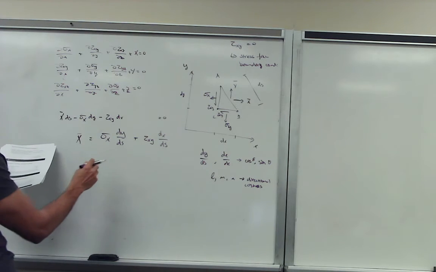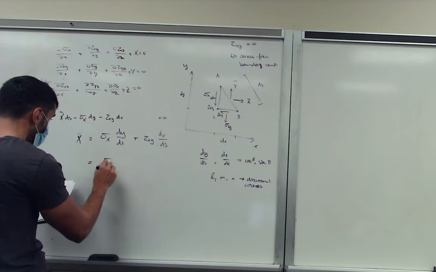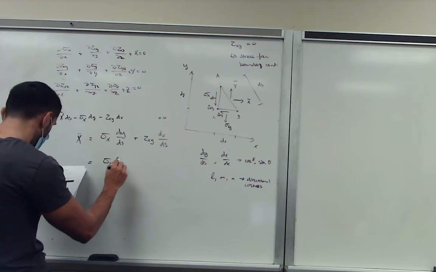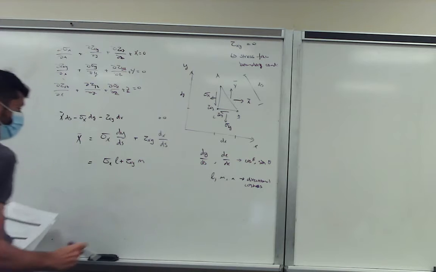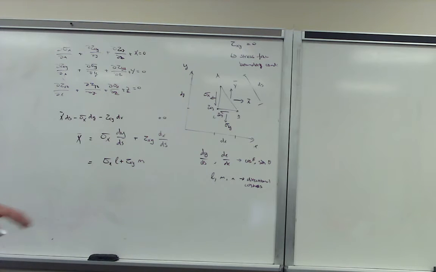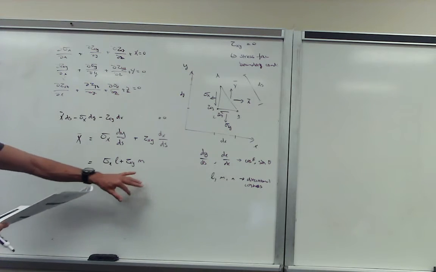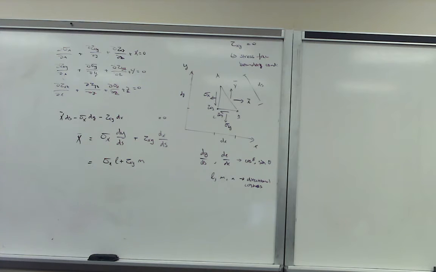So we're going to rewrite this equation as sigma x times L plus tau xy multiplied by m. Later we will define what every L, M, and N corresponds to: cosine theta and sine theta, dy over ds and dx over ds.